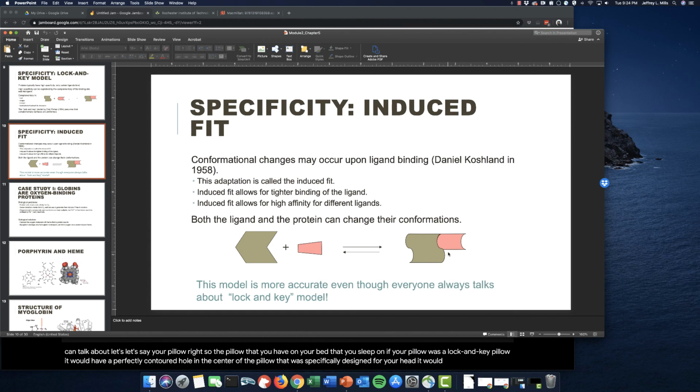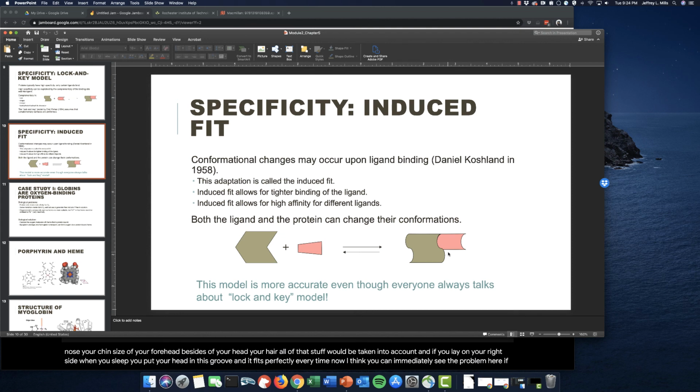It would make space for your nose, your chin, the size of your forehead, the size of your head, your hair. All of that stuff would be taken into account. And if you lay on your right side when you sleep, you put your head in this groove and it fits perfectly every time. Now, I think you can immediately see the problem here.